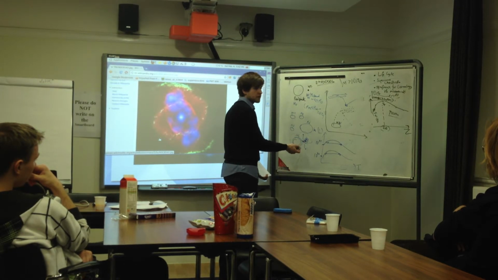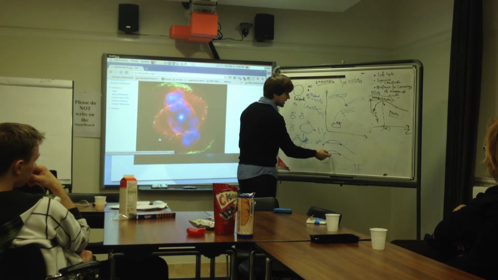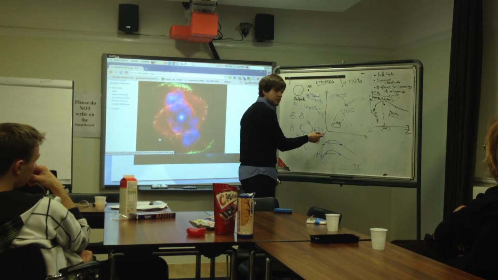Because this is thermonuclear, it also matters what elements are accreted onto the white dwarf. Then you can still scale it, and you can still tell what was the maximum luminosity.